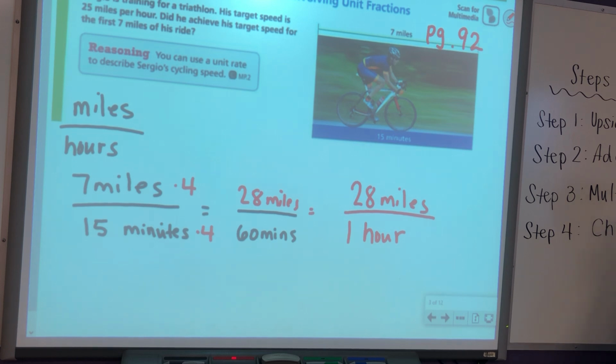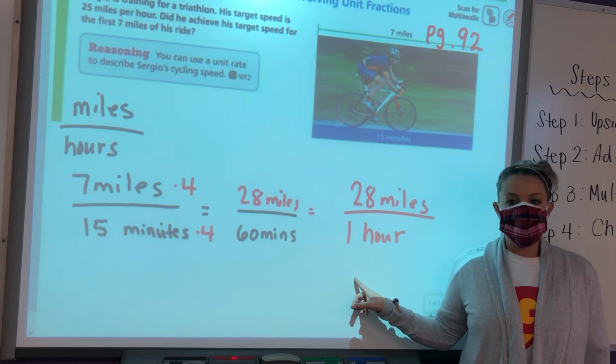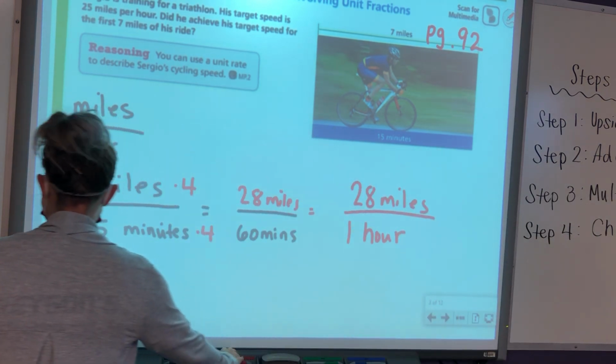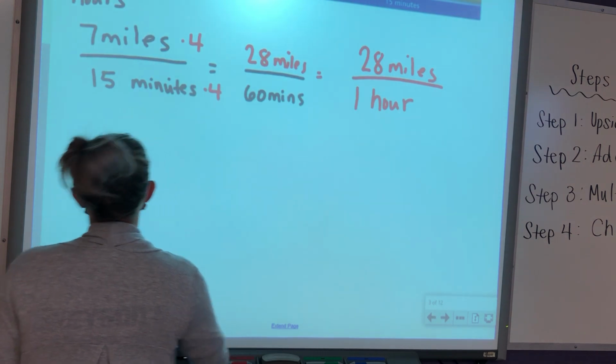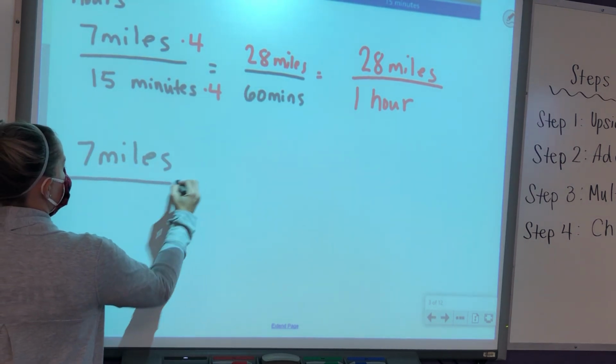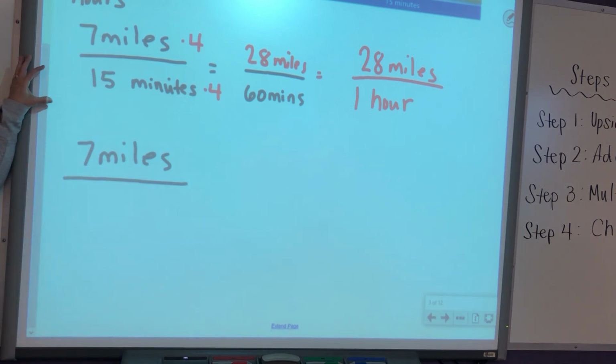So this is one way to do this problem. Now, the other way that we can look at this problem is 7 miles in 15 minutes. 15 minutes is actually how much of an hour? A quarter.